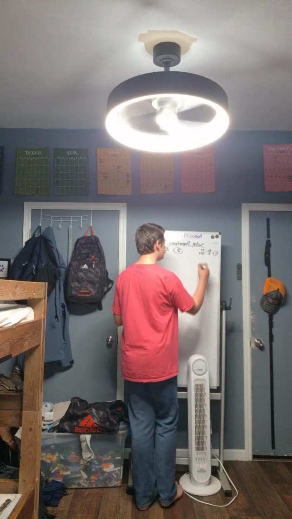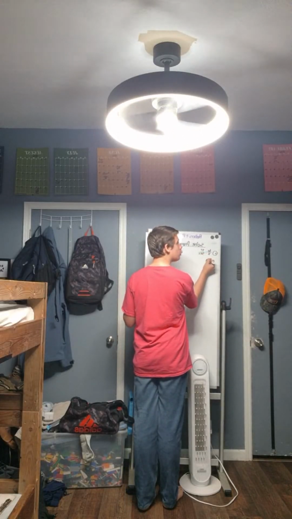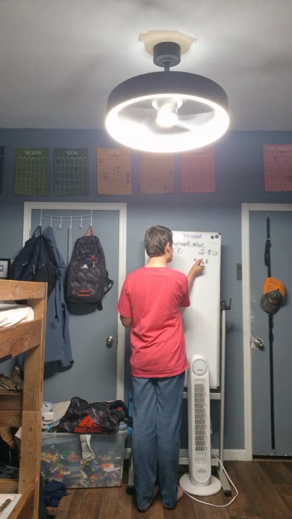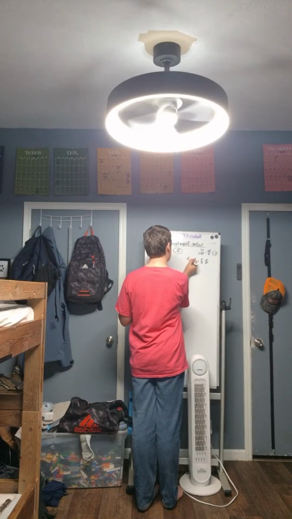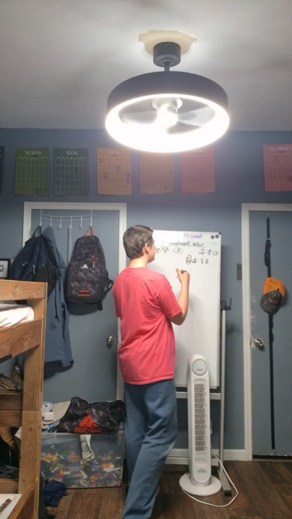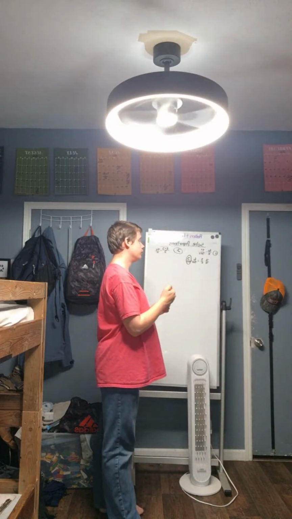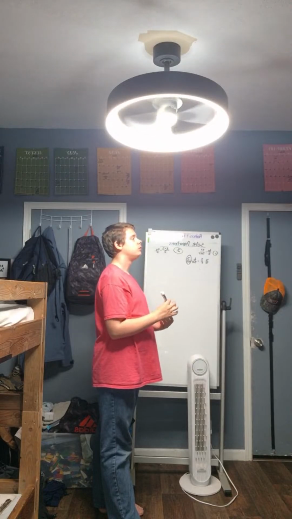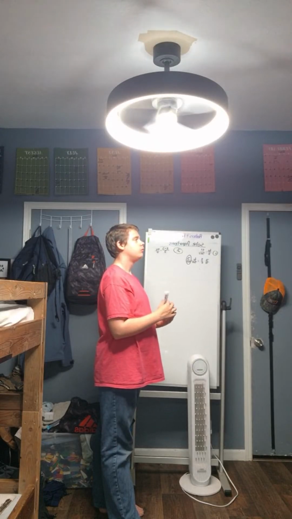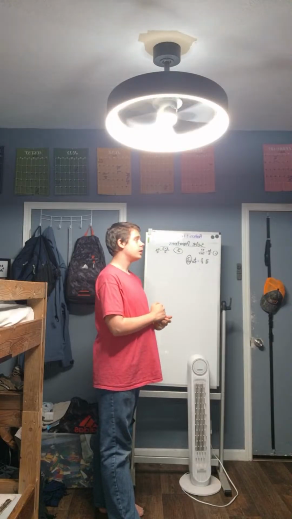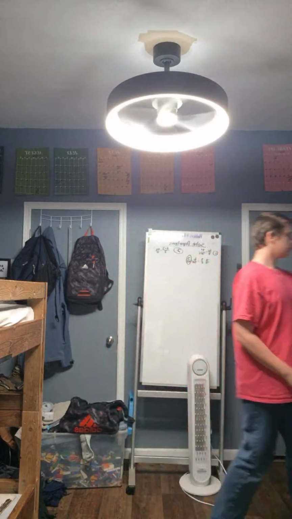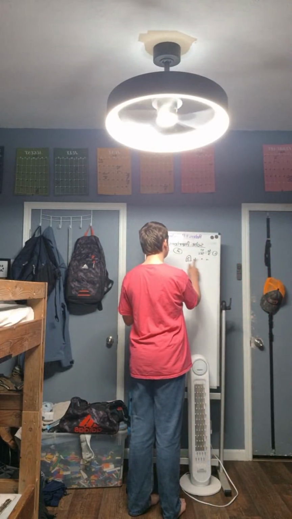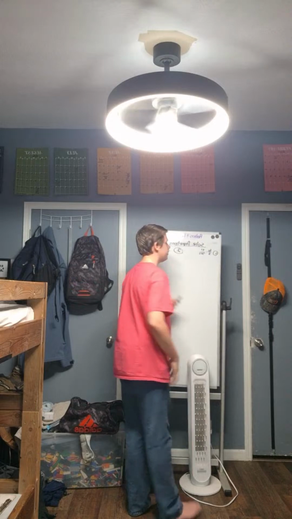What I'll do, 3 over 4 times 2 over 5, that'll give us 6 over 20, or 3 over 10. But that's not the correct answer. Okay, I think I know what to do. How many times does 6 go into 21?